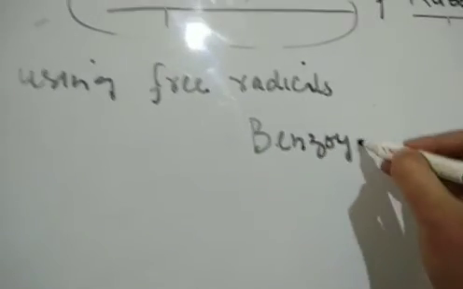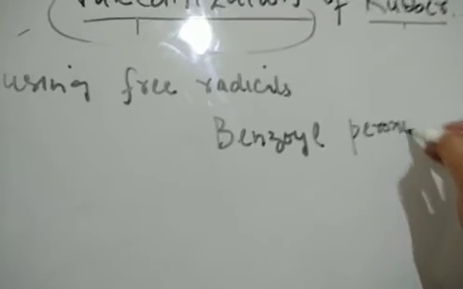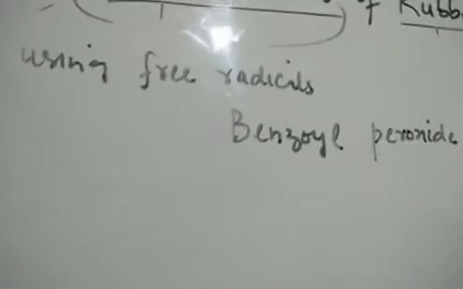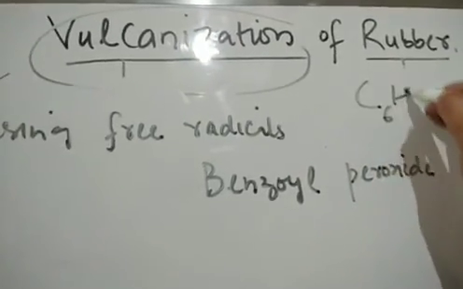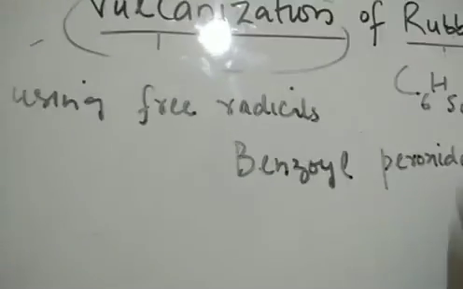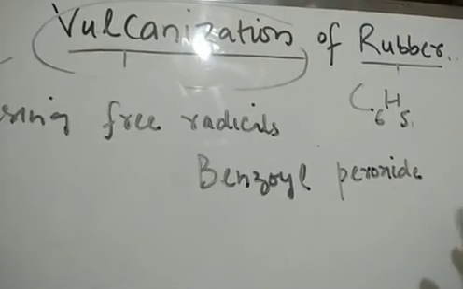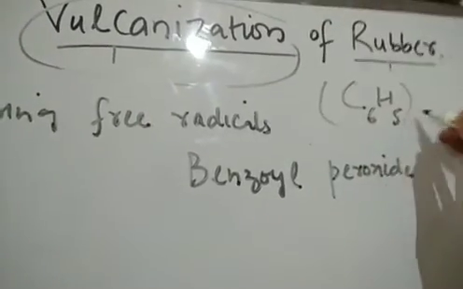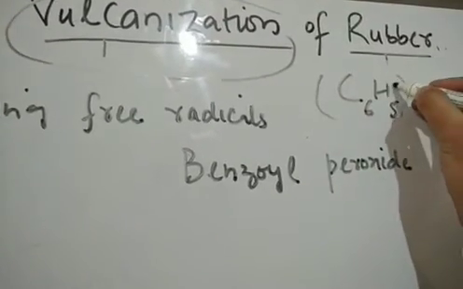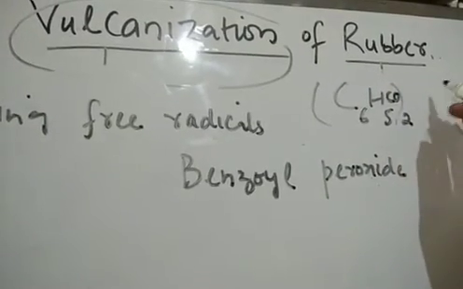Benzoyl peroxide. If we write the formula here, I can show it by C6H5, that is CO, so it becomes twice CO and twice oxygen.